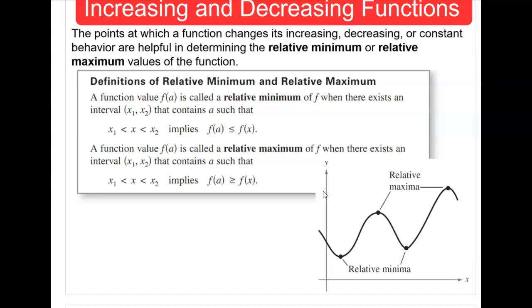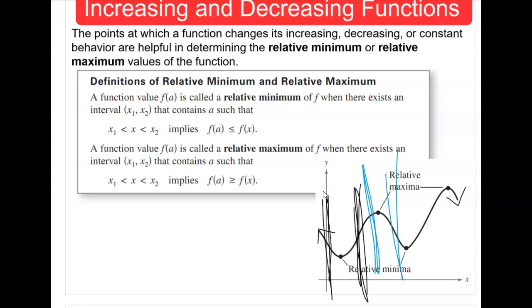The reason we use the word relative is because we are working in a closed interval, meaning that we're not considering the whole function from negative infinity to positive infinity, but just one part of it. So for example, this is one interval, and here this will be another interval, and then we have another interval here, and another over here.